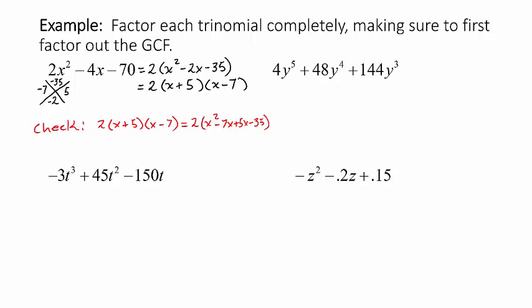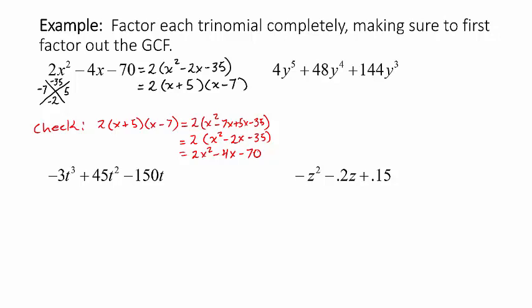All right. So we're going to have 2 times x squared minus 2x minus 35. Okay, and then distribute the 2 back through, right? So 2x squared, 2 times negative 2x is minus 4x. And 2 times negative 35 is minus 70. Okay, so 2x squared minus 4x minus 70, that's what we originally started with.